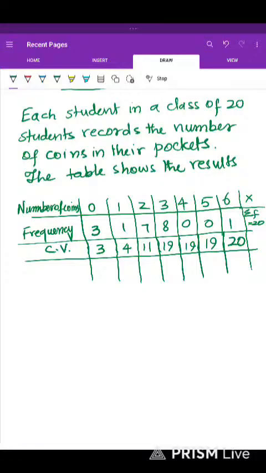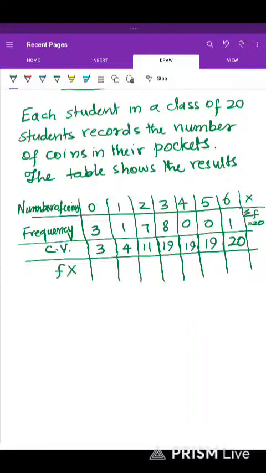Now we have to find the product of frequency and x.